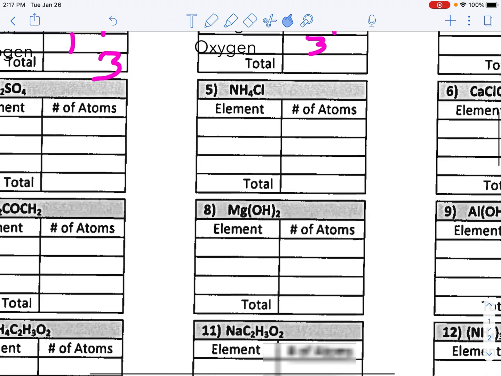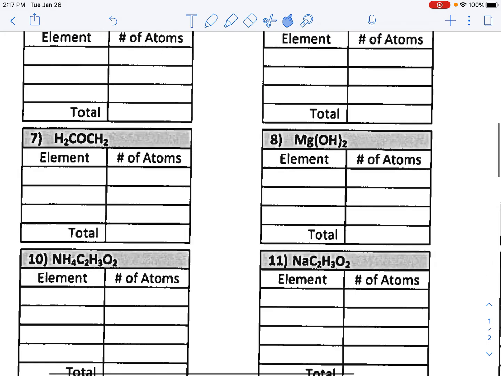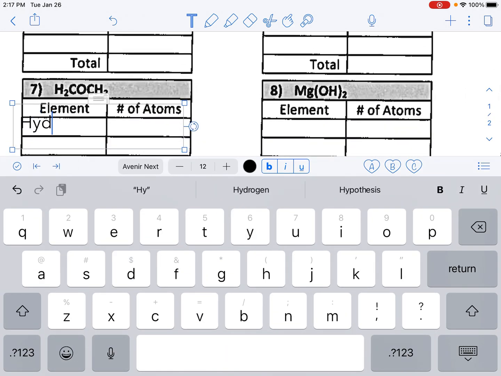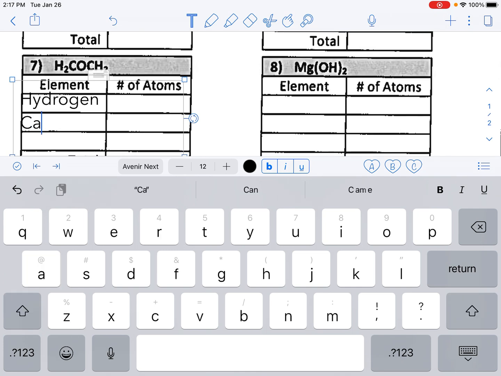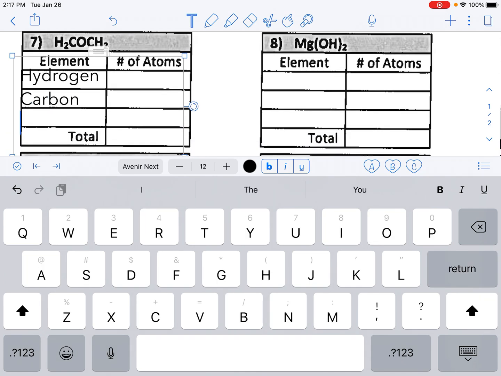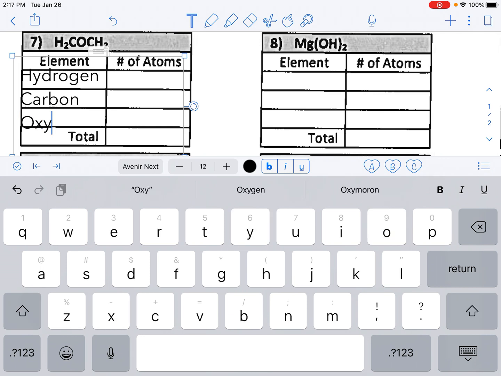Now where it gets a little bit more tricky is down here. If you look at number 7, I still have the same elements: hydrogen, and then carbon, and then oxygen.